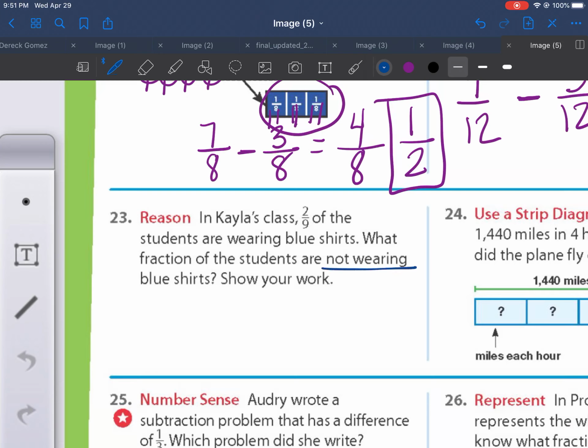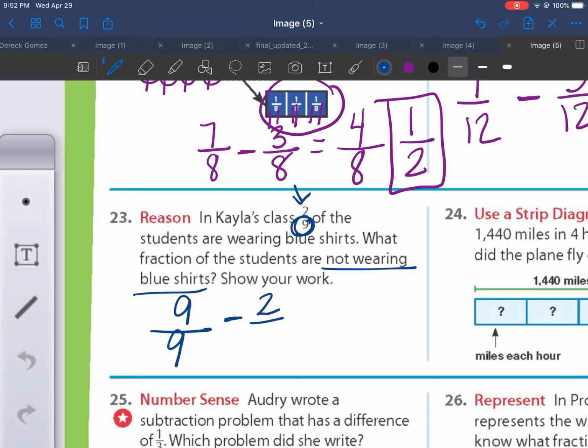Number 23. In Kayla's class, 2 9ths of the students are wearing blue shirts. What fraction of the students are not wearing blue shirts? Show your work. So remember, there's 9 in total. 2 of them are wearing blue. How many are not? So how many students are there in all?